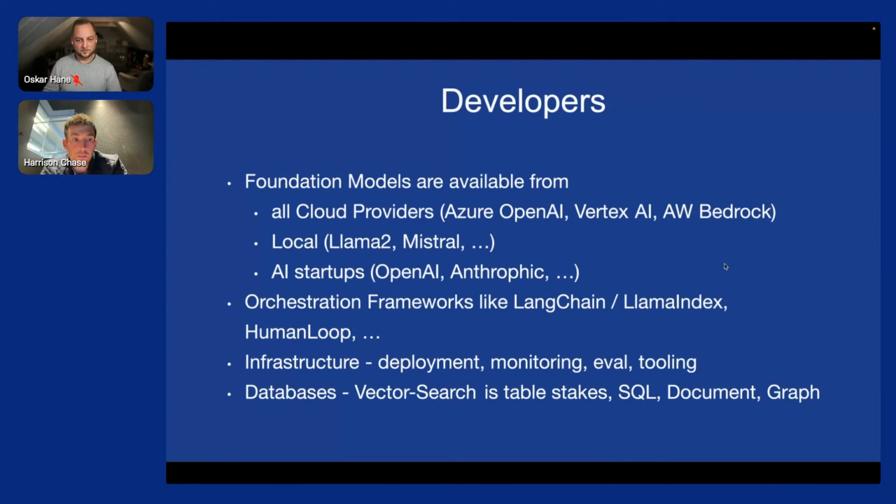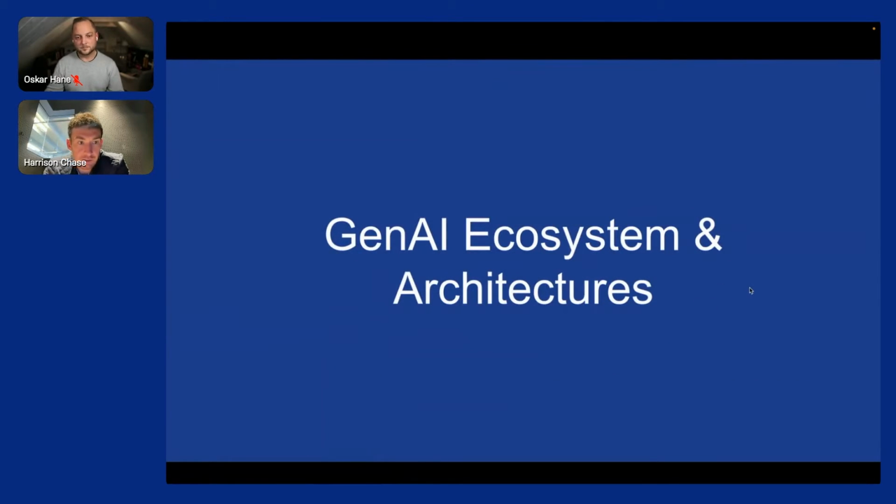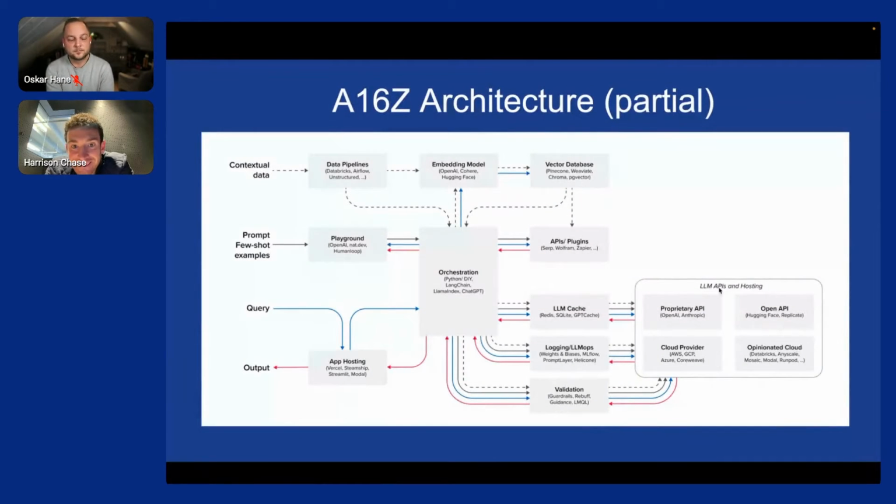And so when we talk about the whole GenAI ecosystem and architectures, there's quite a lot to unpack. This is a very detailed diagram by A16Z talking about the whole ecosystem. Notably, I think this is from earlier in the spring, so there's actually a good bit that's left off here.